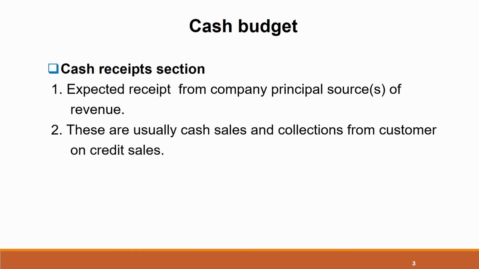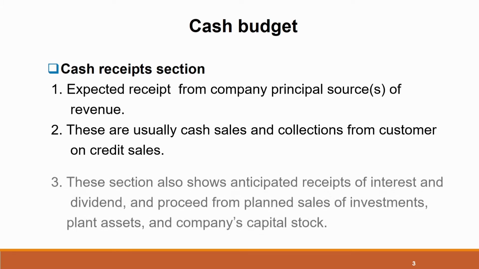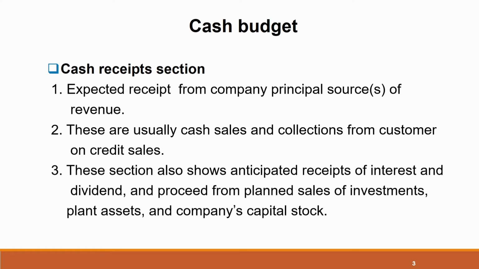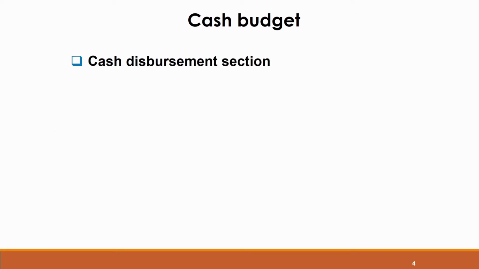Number 2, these are usually cash sales and collections from customers on credit sales. Number 3, this section also shows anticipated receipts of interest and dividends and proceeds from planned sales of investments, plant assets, and the company's capital stock. Cash disbursement section.